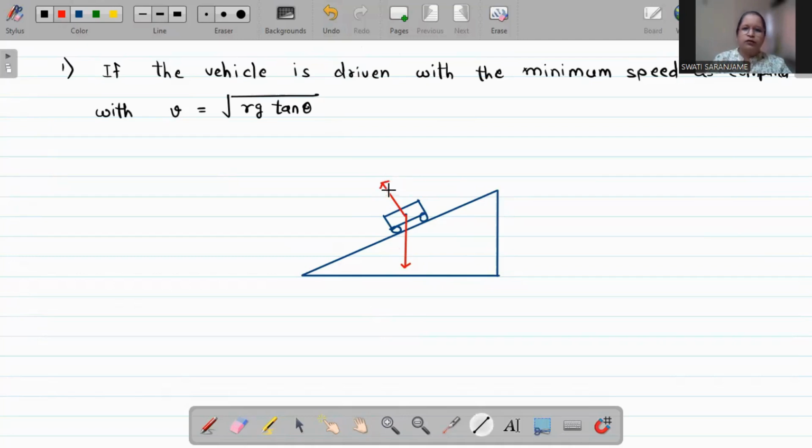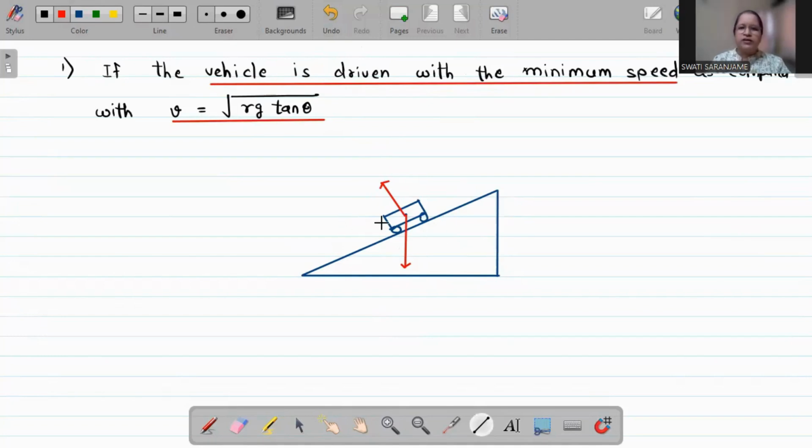So these are two obvious forces acting on the vehicle. Now, as we have said, the vehicle is driven with a lower speed than the required one, v equal to under root r g tan theta. This is the optimum speed.